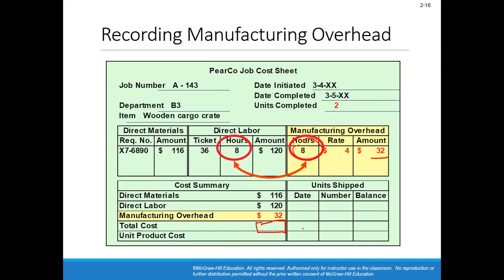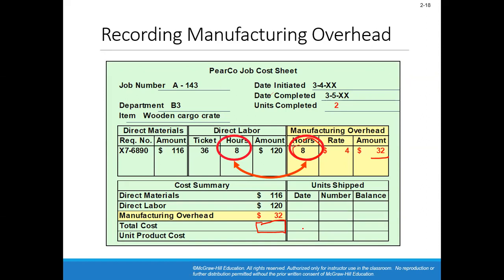Okay. How can we get the manufacturing overhead cost? We need a predetermined overhead rate, and we get it by dividing the total estimated manufacturing overhead cost by the allocation base.